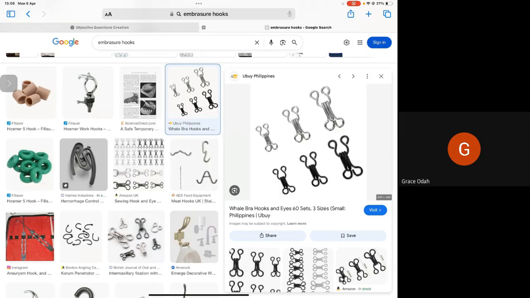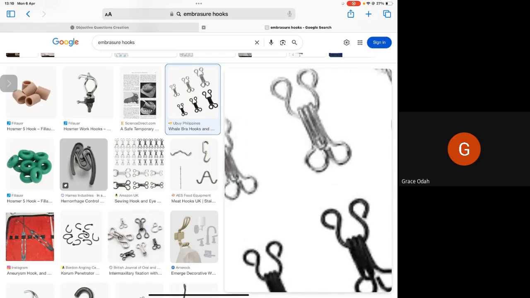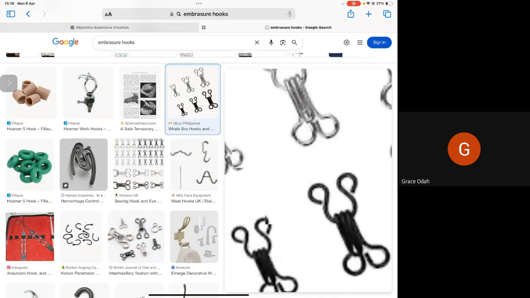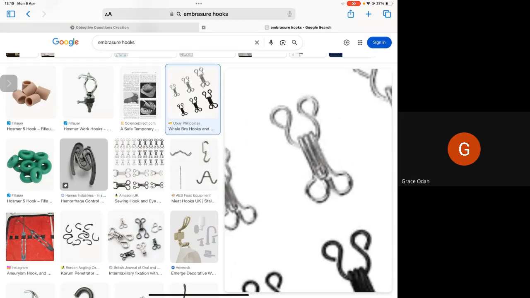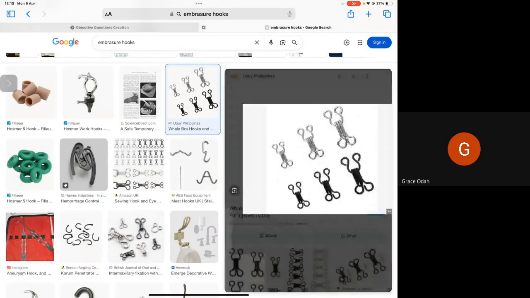Looking at what is on the screen now, what part of this do you see in our Hollies that we fabricate? Maybe just one part of these four sides is like the embrasure hook we did in year 4.